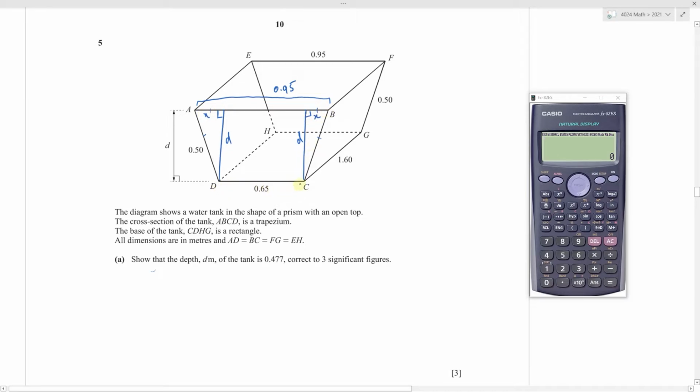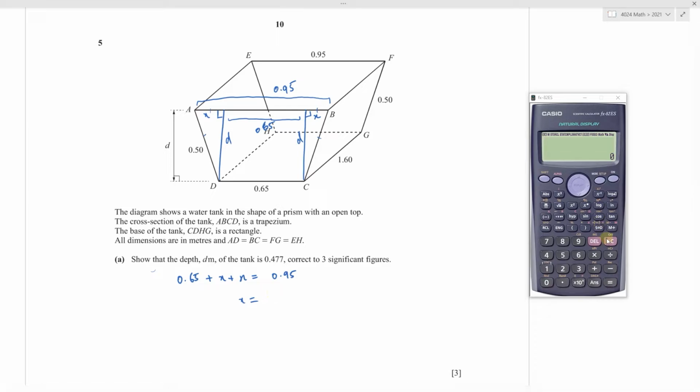And you know that this length here is 0.65. From this, I can calculate the value of x, and then using this right angled triangle, I can use the Pythagoras theorem to find the value of d. So if this is x, and this is 0.65, then 0.65 plus 2x will be 0.95, this full length here.